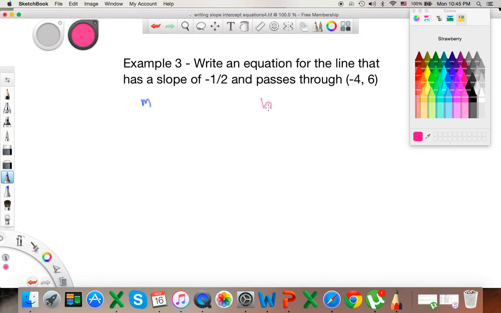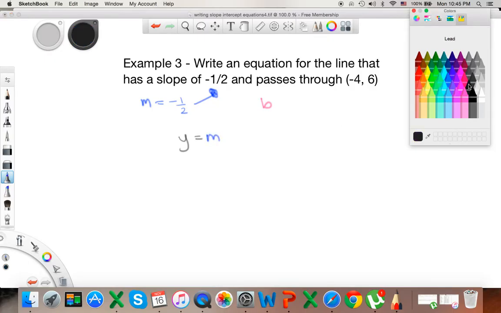We already know what m is. We know that m is equal to -1/2 because that's given in the problem. Okay? And we also know the slope-intercept equation, which is the most useful equation you guys are going to learn this whole year, I think. y equals mx plus b.